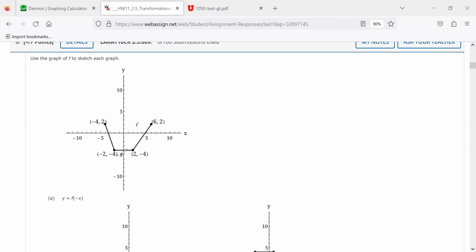So on part A, what happens if you have a negative x inside? What type of transformation is that? Yeah, it's going to be a flip over the y. And since this doesn't have perfect symmetry, you should see a difference.